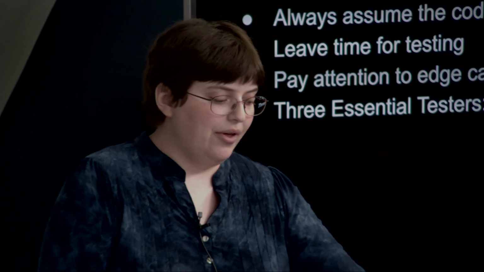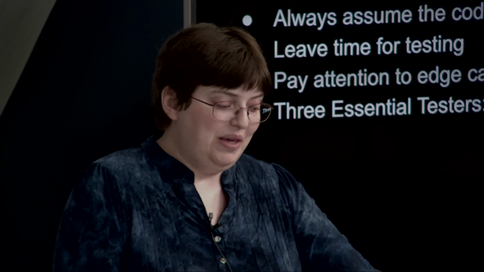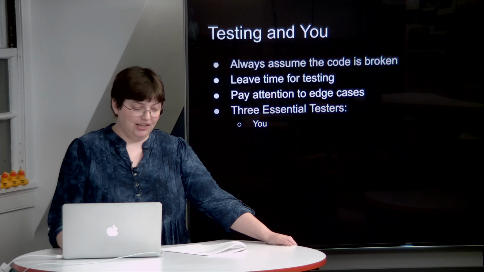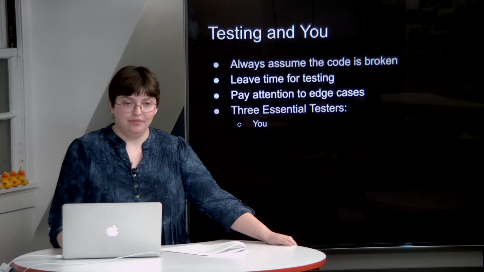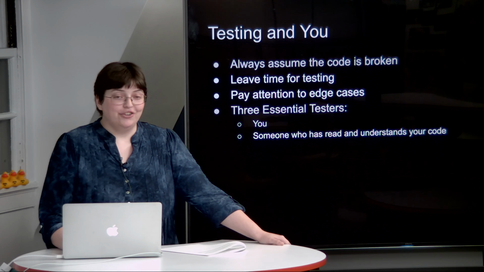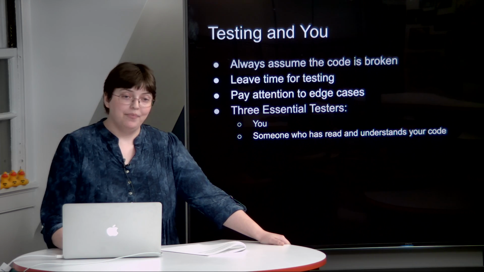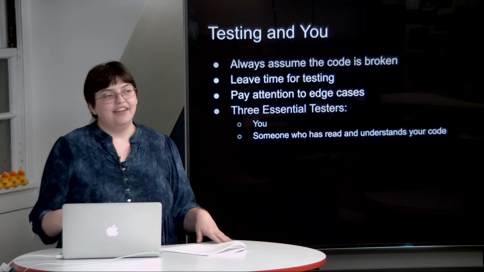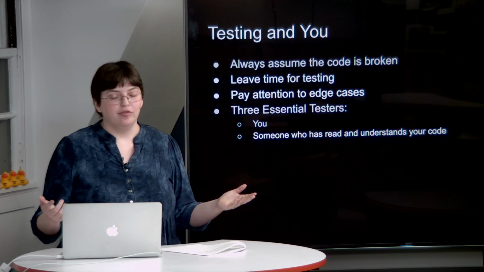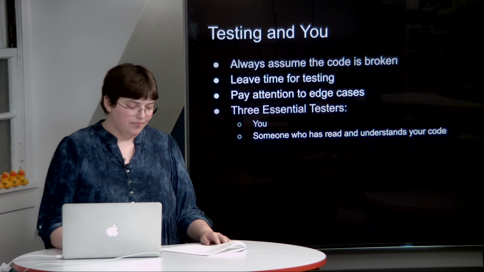No matter what, whether you're doing a solo project or a group, I believe you always need 3 essential people to test your code before you call it done. 1, you. Test your code as vigorously as you possibly can, then do it again. 2, someone who has read and understands your code should also be testing. If you have teammates, this should be one of them, someone who can identify things that coders know about, like int overflow, and remind you to test for those things, or test for them themselves.